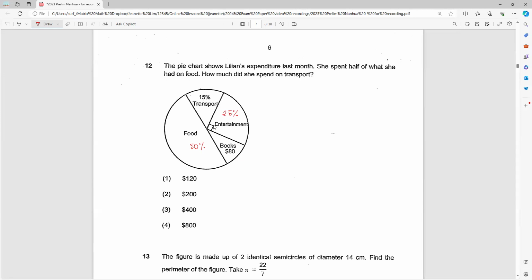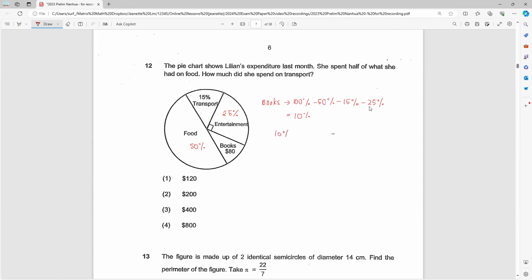So the amount spent on books will be 100% minus 50% minus 15% and 25%. Okay, so 50, 15, and 25 gives us 90. So 100 minus all of that will give us 10%.